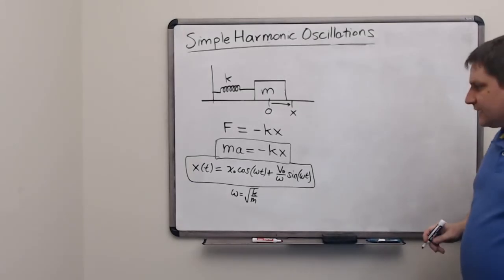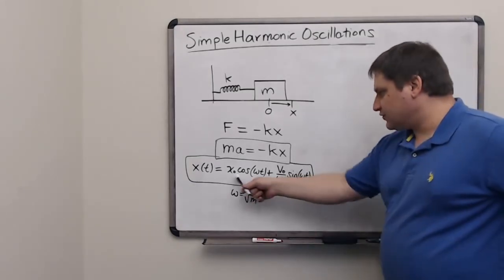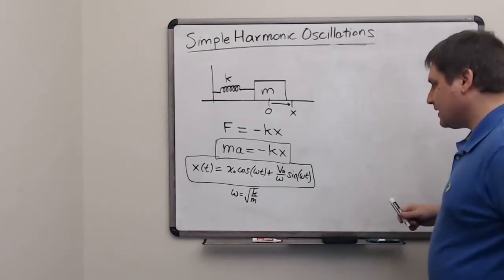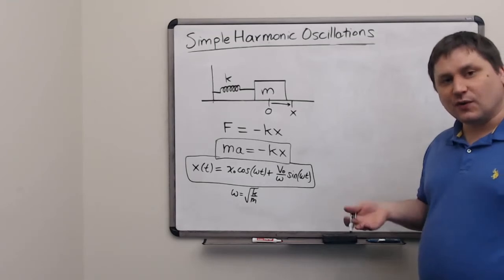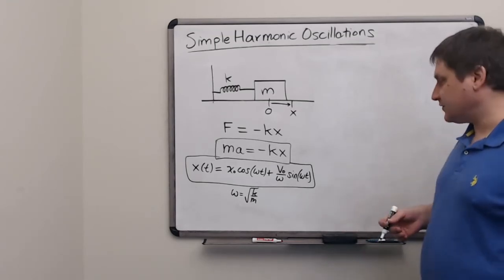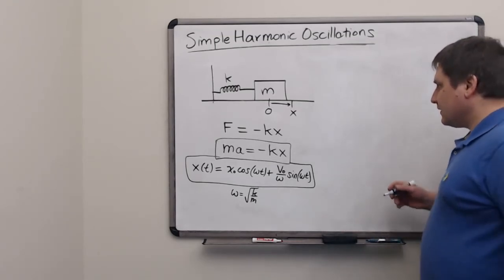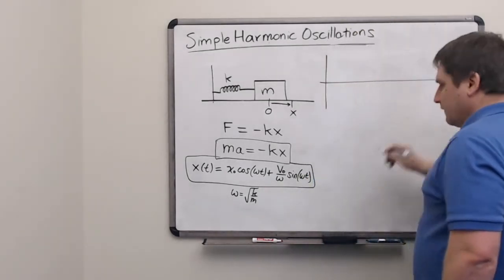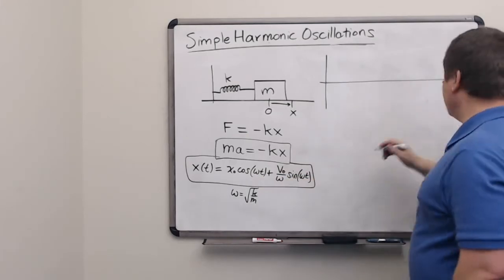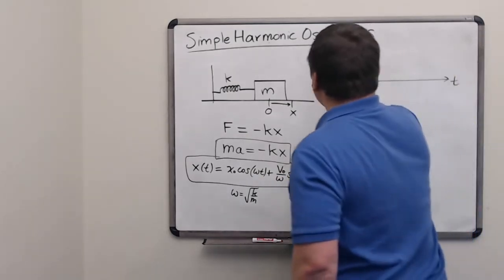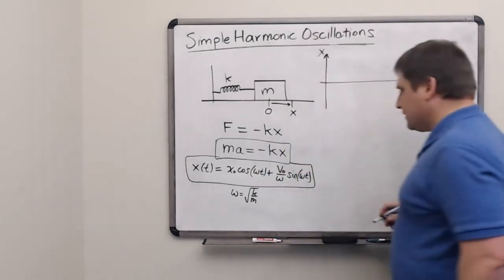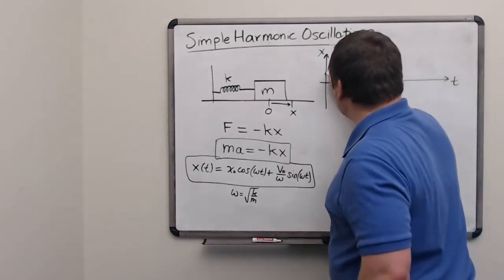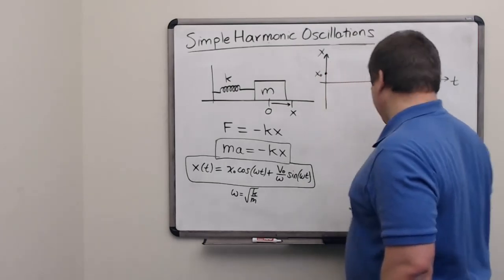Now we're going to discuss how this solution is related to our earlier concept of amplitude. We'll find out we need to introduce a new quantity called the phase of the oscillation. Let's first draw a graph that shows sort of what this solution is doing. X versus time. Let's say we have an initial position that's here. This is x0.